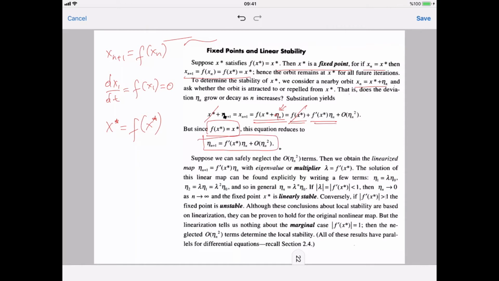You might say that this equation is no different than the original equation, but it is very different because you can see that here eta n plus 1 equals some number lambda times eta n. And you have this higher order term, but in the linearization we were ignoring it, right? So what if lambda is bigger than 1? What will happen?